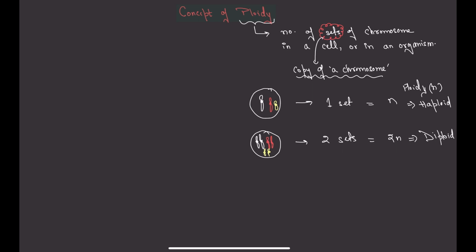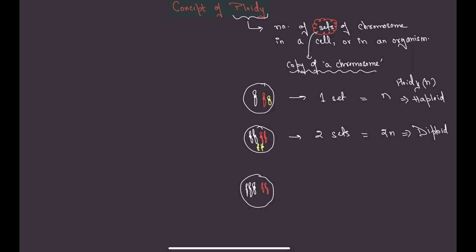In the same manner, let us take another example, another cell having now 3 copies of every chromosome. So we have 3 copies of every chromosome.